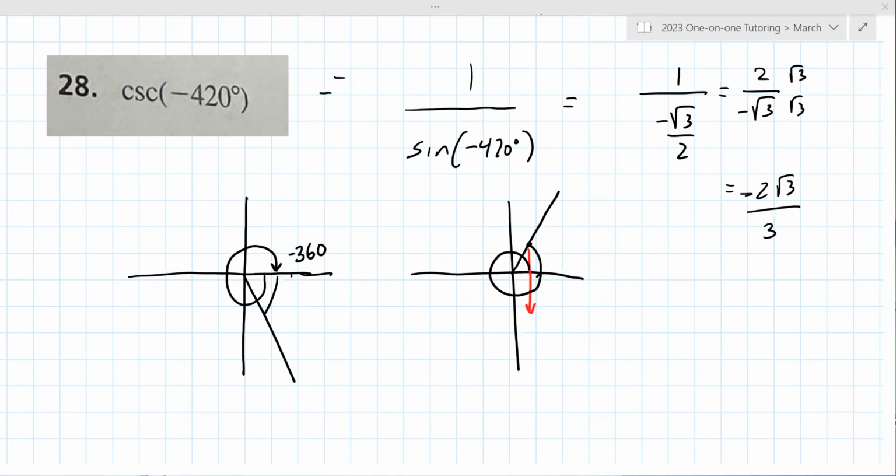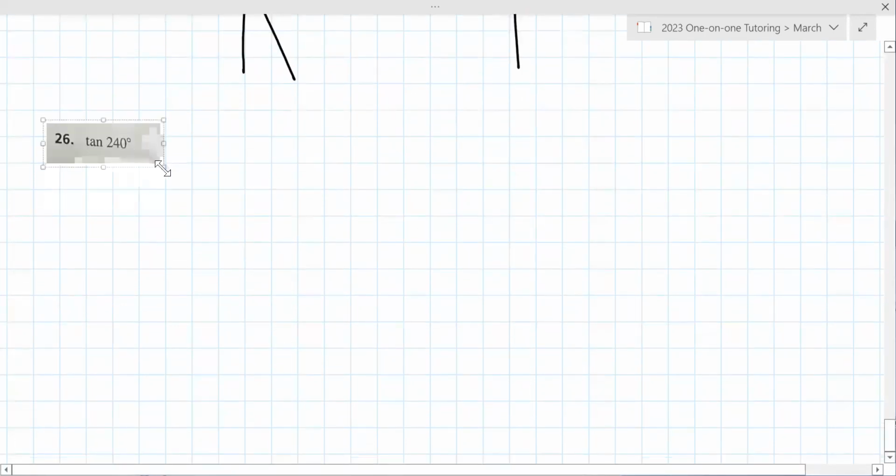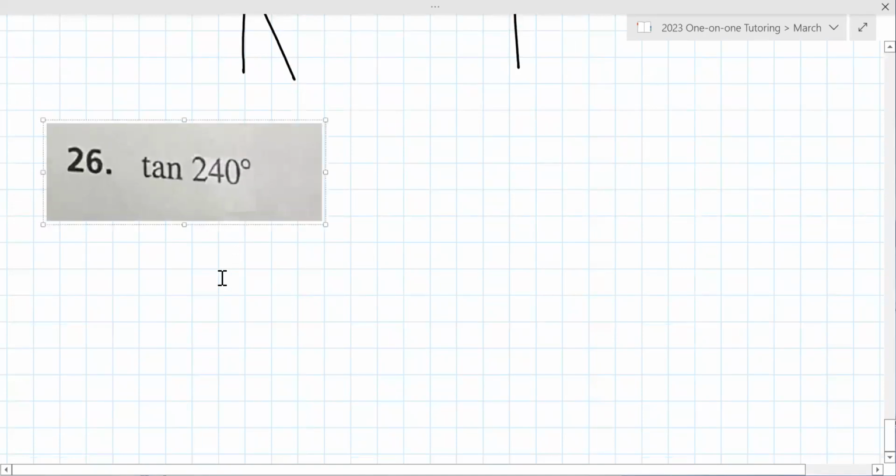The next ones we're going to do are tangent and cotangent. So we'll start with 26 for tangent. All right, so the hard part about tangent is that you have to do more manipulation.